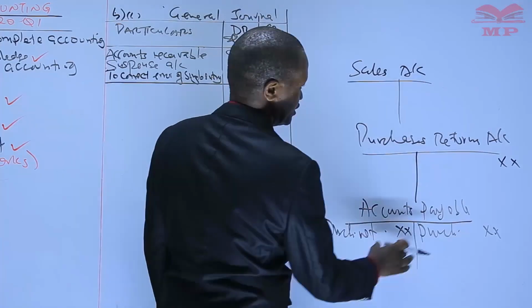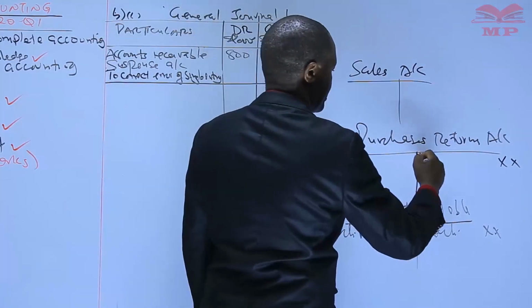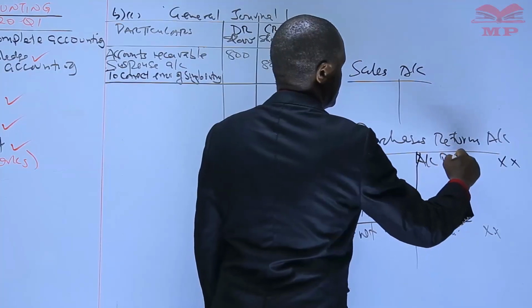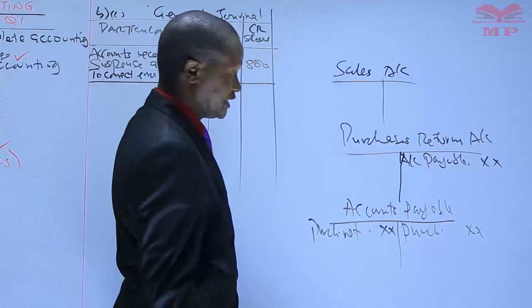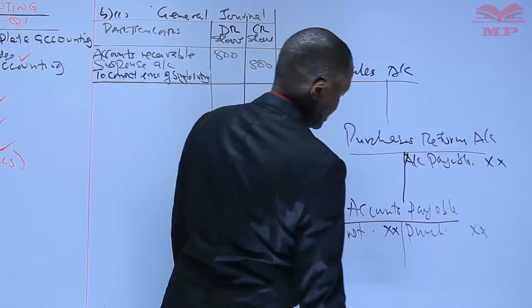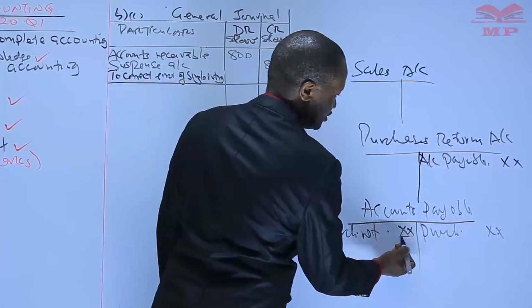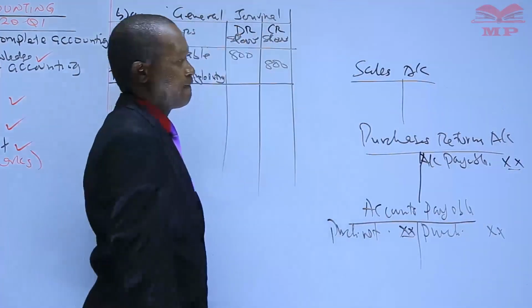And the corresponding double entry is to credit the purchases returns with accounts payable. That's how you make the right entries. The right entry, when returns are made, is to debit accounts payable and credit purchases returns.